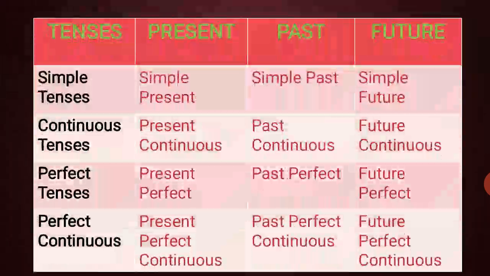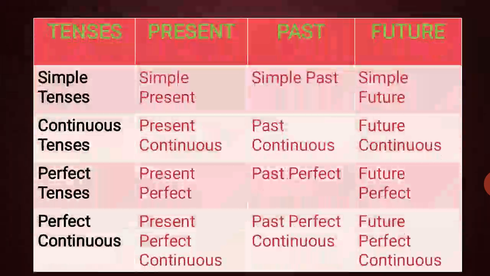Each tense has 4 subtenses. What are they? Simple present tense, present continuous tense, present perfect tense, present perfect continuous tense. Likewise past tense also, and future tense too.